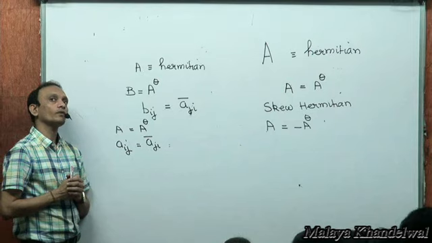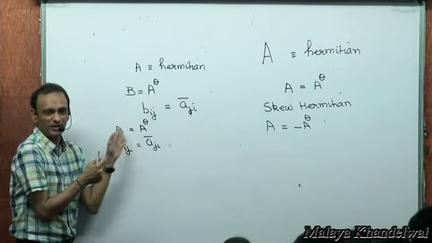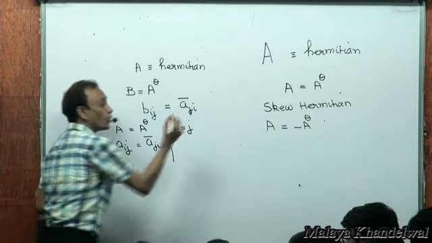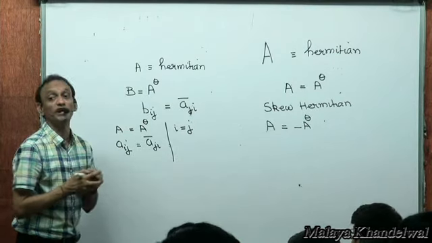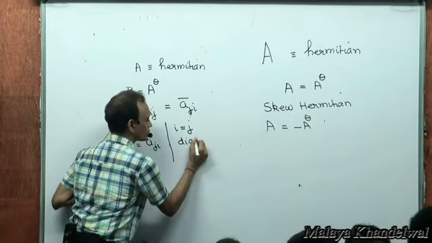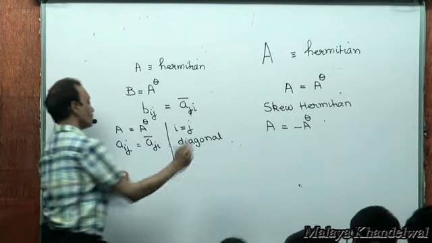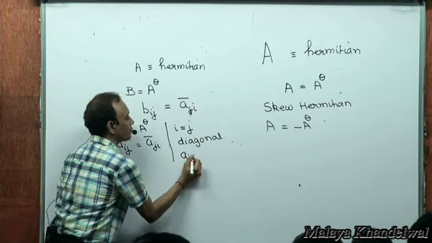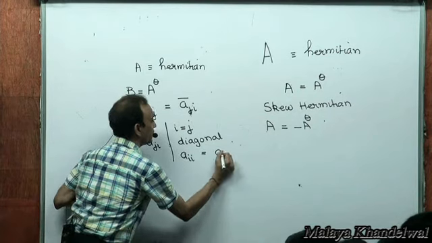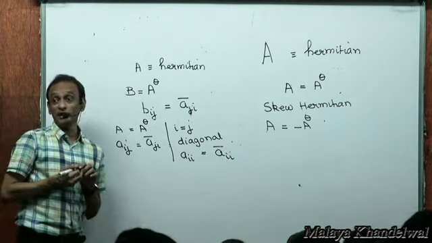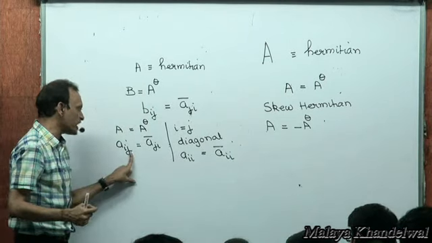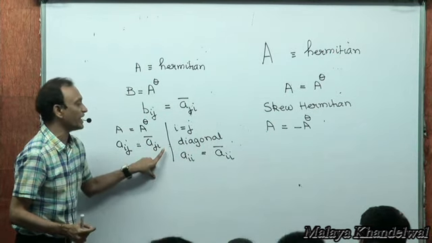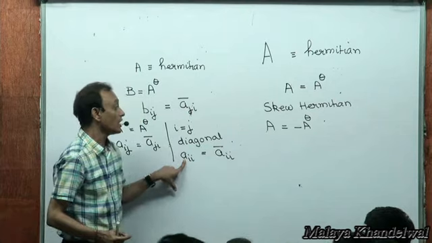Now, as a special case, this is a Hermitian matrix. If I is J, what does it represent? The diagonal elements. So put I equal to J in a Hermitian matrix. That means I'm talking of AII equal to A bar II. That's the property true for the diagonal elements in a Hermitian matrix. That means the diagonal elements are equal to their conjugates.